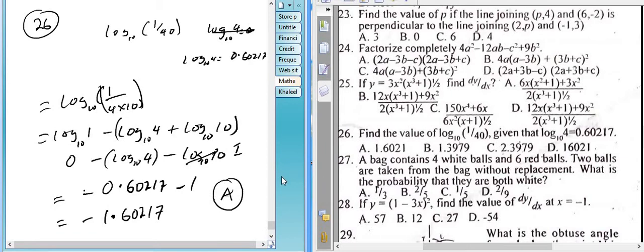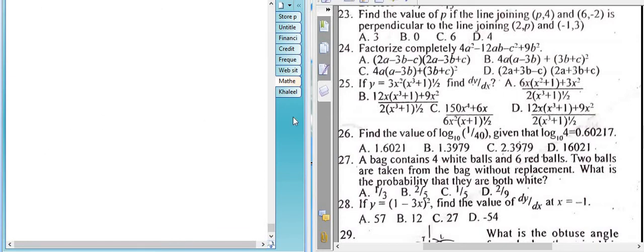Then question number 27. A bag contains 4 white balls and 6 red balls. So W is equal to 4 and R is equal to 6. Two balls are taken from the bag without replacement.